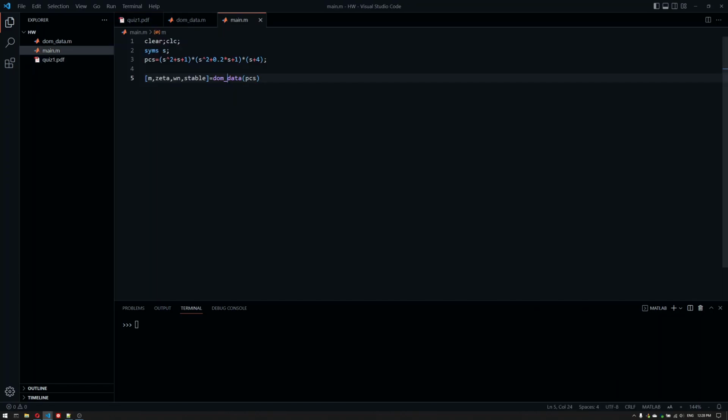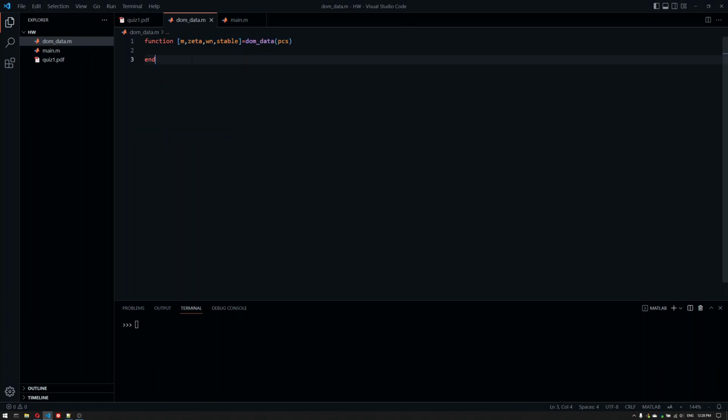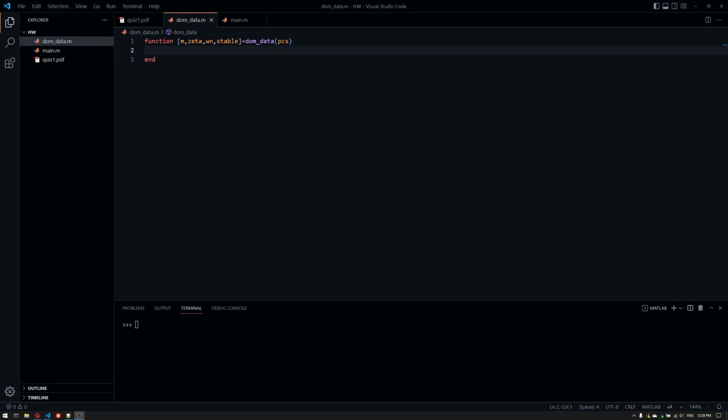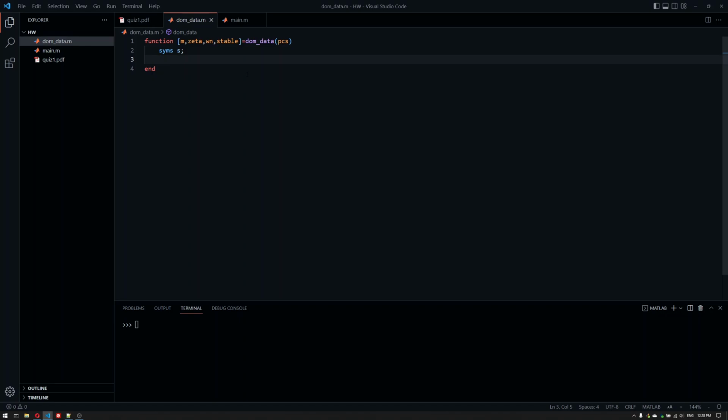I've created and prepared a main function here, syms s, and then the polynomial, and then the function call, and then we have our function, which accepts basically the polynomial in this case. Now let's first of all start by defining our symbolic variable s.